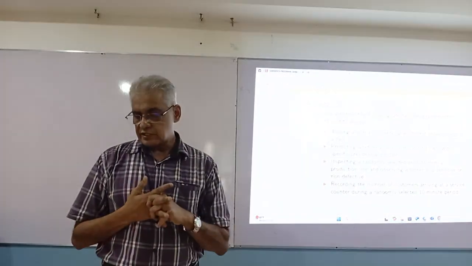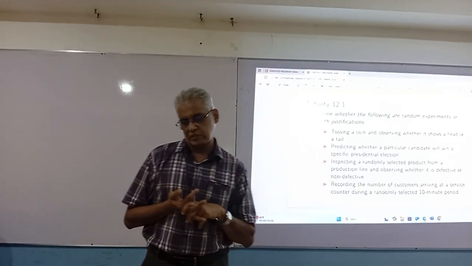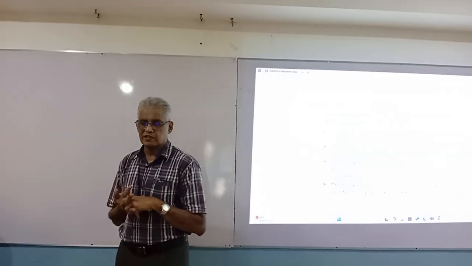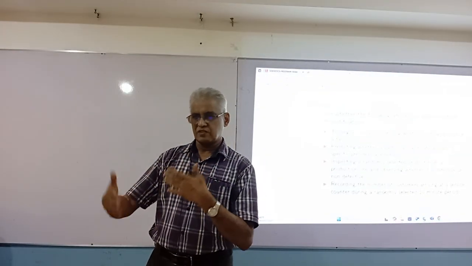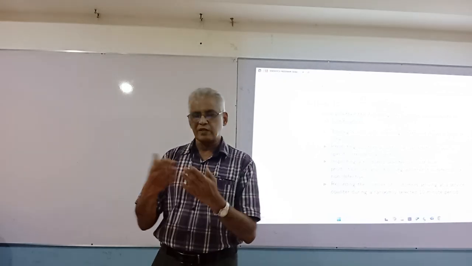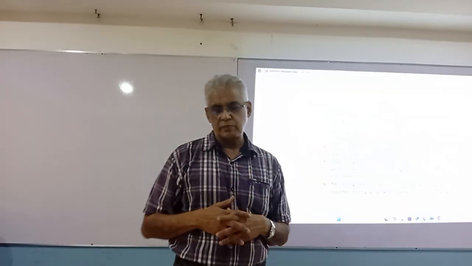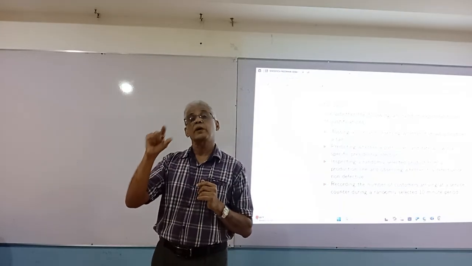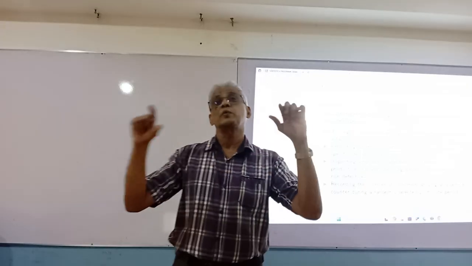Next: inspecting a randomly selected product from a production line and observing whether it is defective or non-defective. We can get randomly selected products under the same conditions several times: observe one, then take another randomly, observe under the same condition, and so on. We don't know whether it's going to be defective or not at the moment. But if you are going to record your outcome as such, you have to have a clearly defined set of possible outcomes.